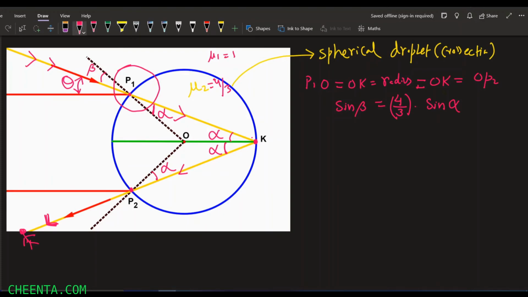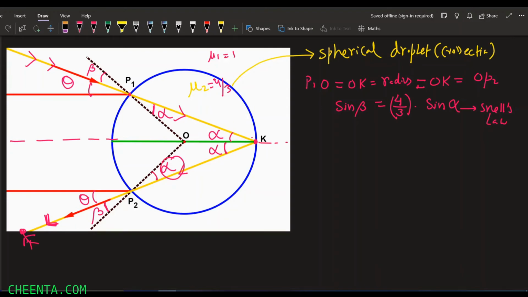Now for this particular position, if this angle is alpha, then using the same Snell's law, I can say that this angle is also beta, and if this is beta, then this one is also theta. So you see that this diagram is symmetric with respect to this particular line.